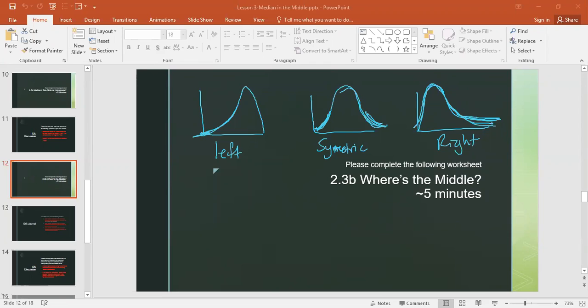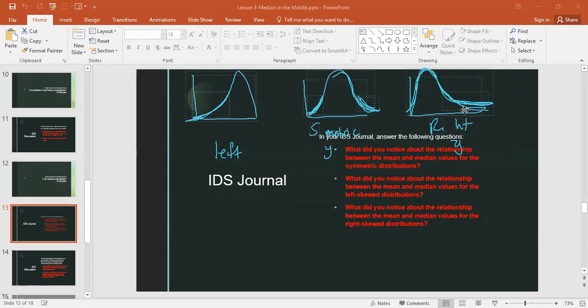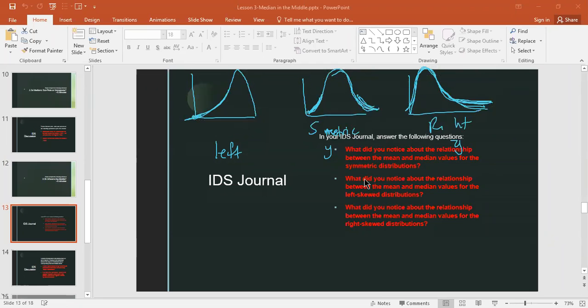All right. Thank you so much, guys. Well done. Based on what you just did, I want you to look at the three types of graphs that you were looking at: left skewed, symmetric, and right skewed. Looking at what you found for those graphs, answer these questions.